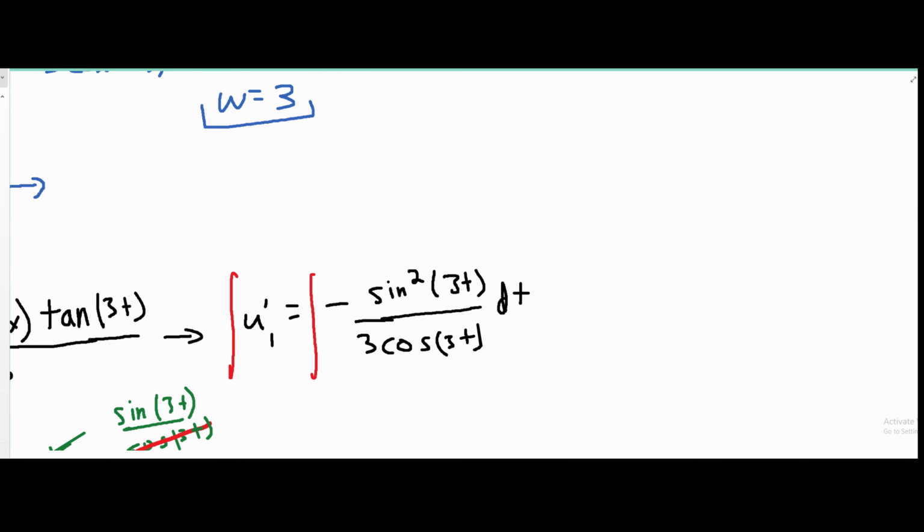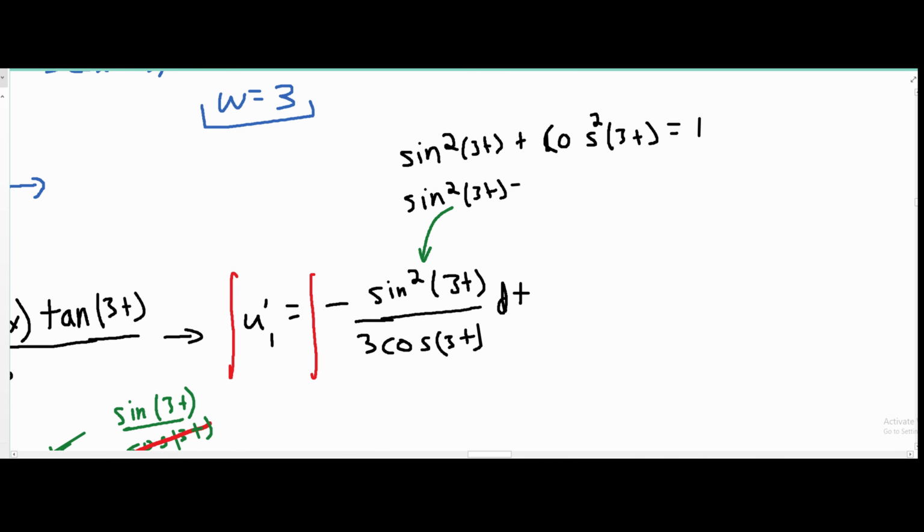Use this sine property, and we can remember that sine squared of something, so 3t in this circumstance, plus cosine of 3t squared is equal to 1. From this, what we can do is move our cosine over, so sine squared of 3t is equal to 1 minus cosine squared of 3t.